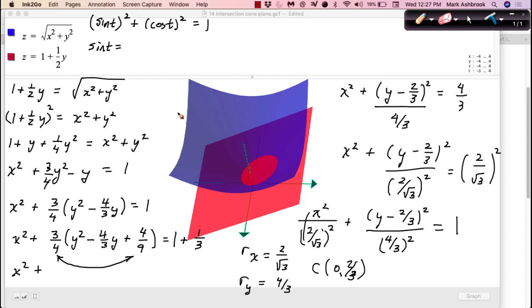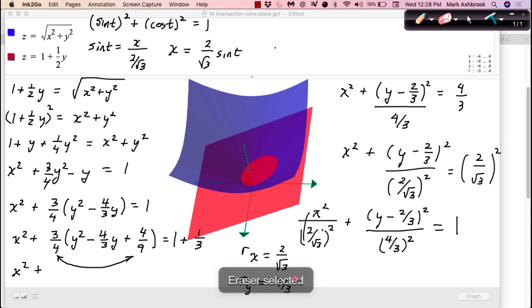So we can say sine t equals what's squared here? X over 2 over square root of 3. And therefore x equals? And then we can assign what's squared here to cosine t.